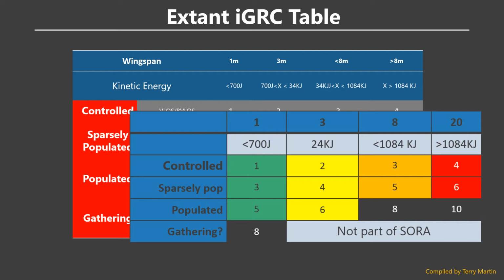What you'll observe is that migration down any particular column generally coincides with an increase of 2 GRC points with the VLOS elements taken out. So people reviewing and contrasting the tables from previous need to be mindful of that removal and how the scores migrate.